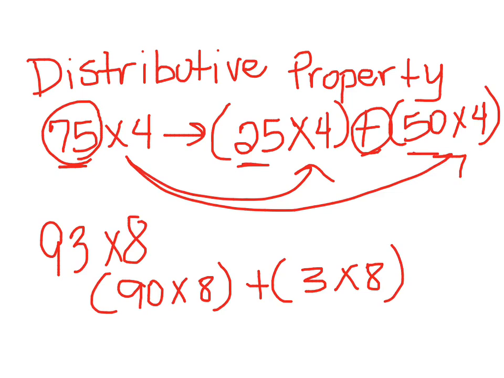And that's a quicker way to get that answer, right? So 9 is in the tens place, so this makes it just be a 9 times 8, and then add a 0. And then here it's 3 times 8, and then I add my two answers together. That's the distributive property.